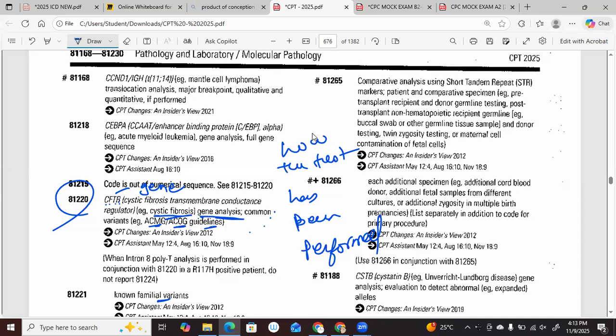So based on the ACOG, if we are checking the common variant, we are going to use 81220. If we are going to check the familial variant, we are going to use 81221. So this code is based on how the test has been performed, not the analyte, as well as what the variant is which we are going to analyze. Any questions here?